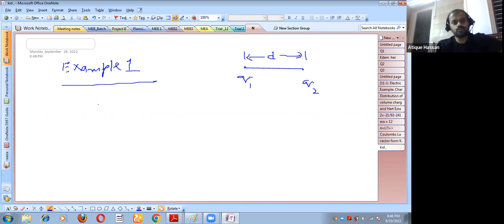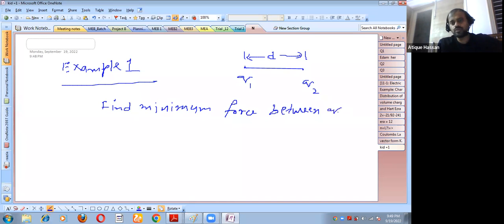So the question is: find the minimum force between Q1 and Q2.